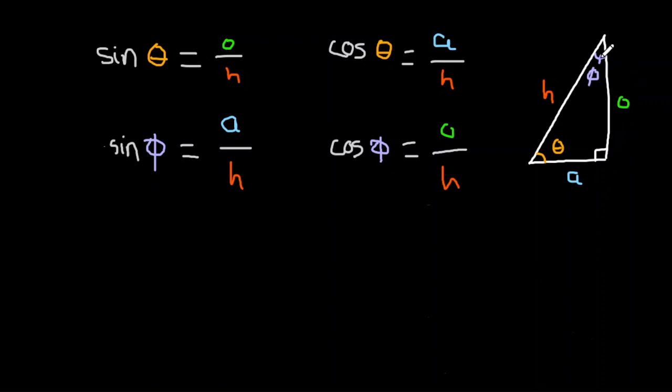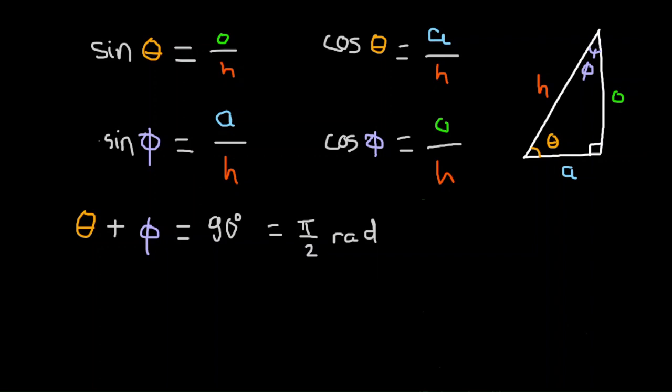Now, because the sum of the angles of a triangle is equal to 180 degrees, we have theta plus phi is equal to 90 degrees, or pi over 2 radians.